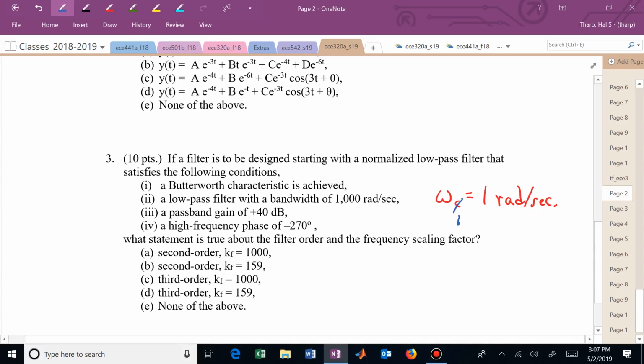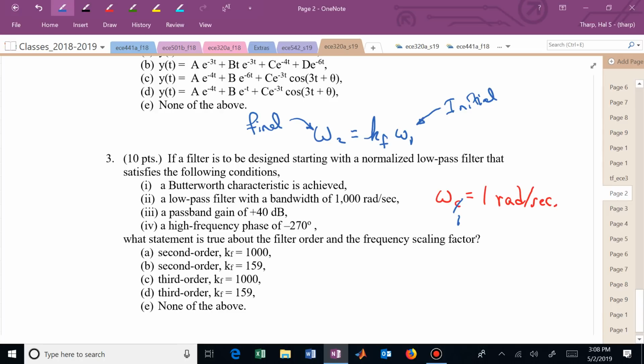Here it's asking for a k sub f, so we need to find a k sub f that satisfies this relationship, where omega sub 1 is our initial and omega sub 2 is our final frequency in scaling.